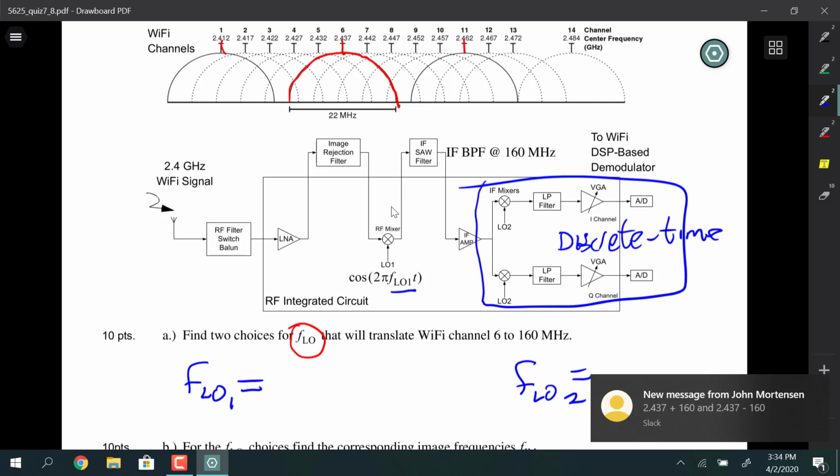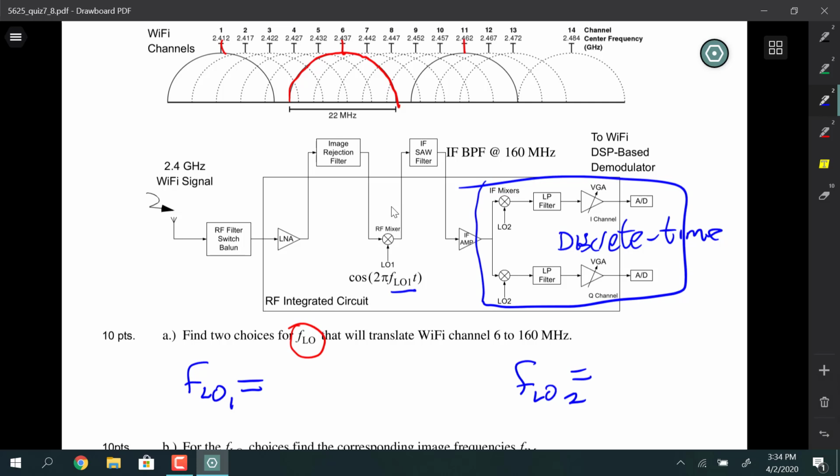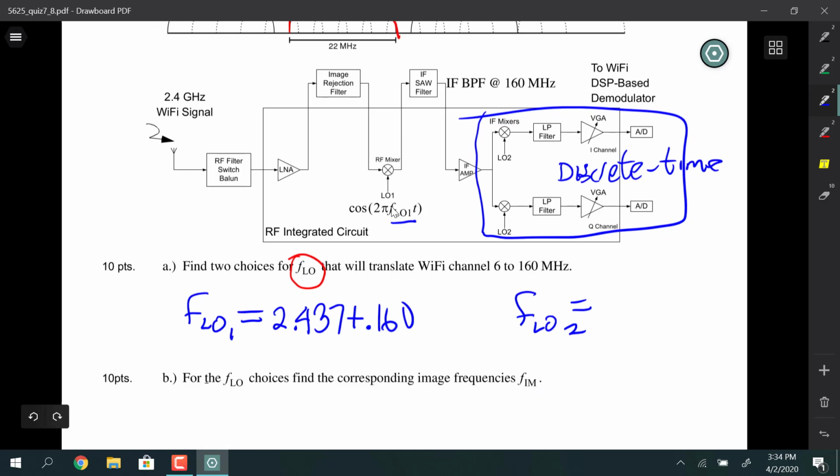Okay, so 2.437 plus 160. So that's one answer.